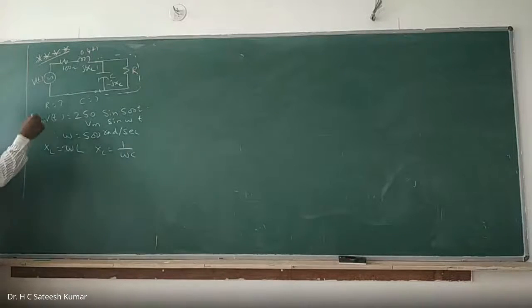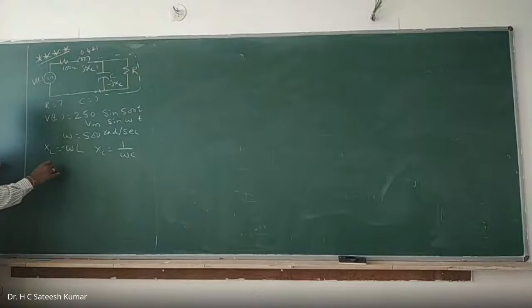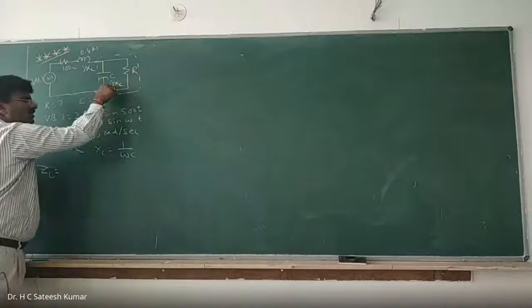So what is XC? Minus jXC. The load impedance ZL is equal to R parallel with minus jXC.